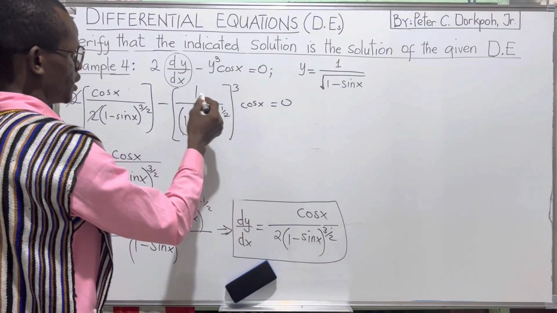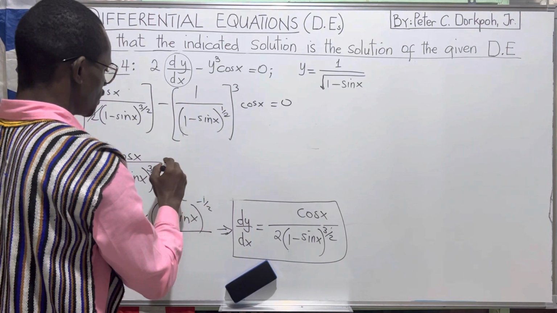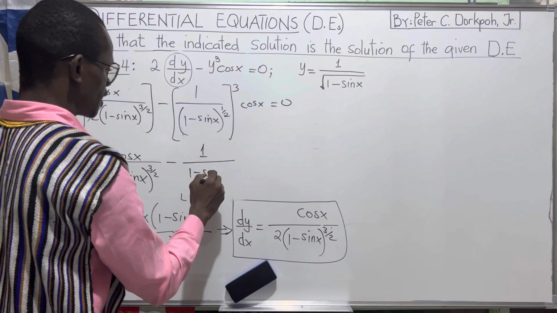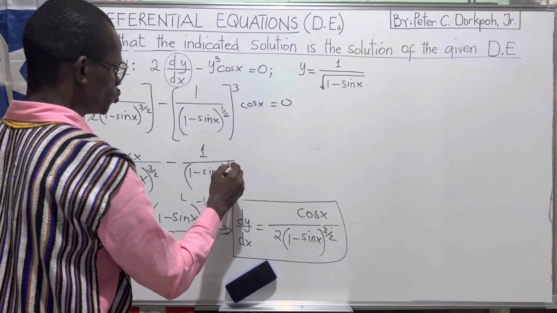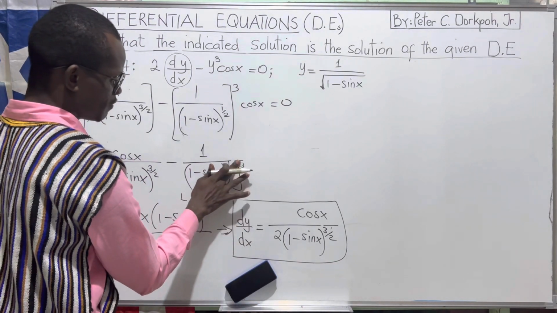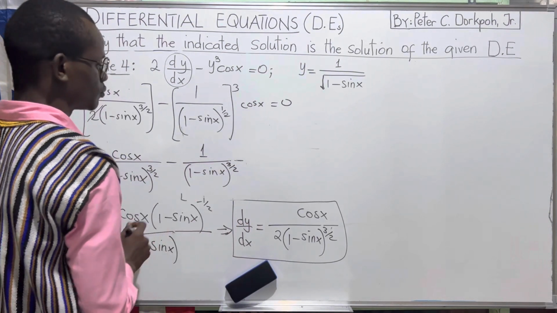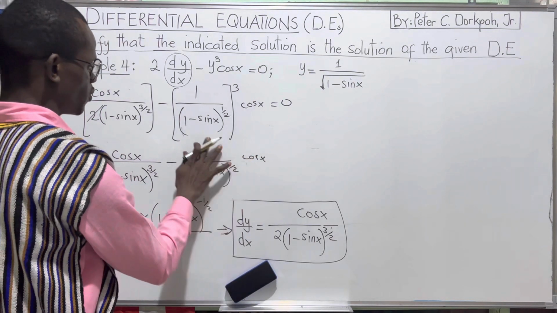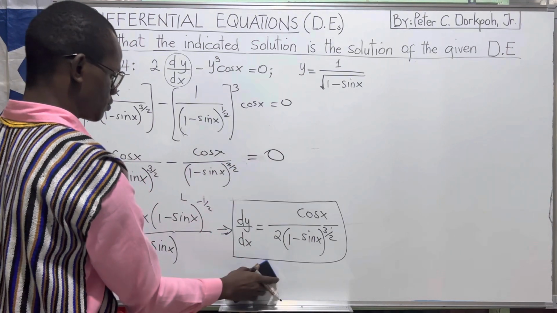Right? So if this is multiplied 3 times, you have 1 in the numerator all over 1 minus sine of x raised to the power 1 over 2 raised to the power 3, which of course if you multiply this now just gives you 3 over 2. So if this 1 is being multiplied by cos, we will just have cos of x, all equals 0.